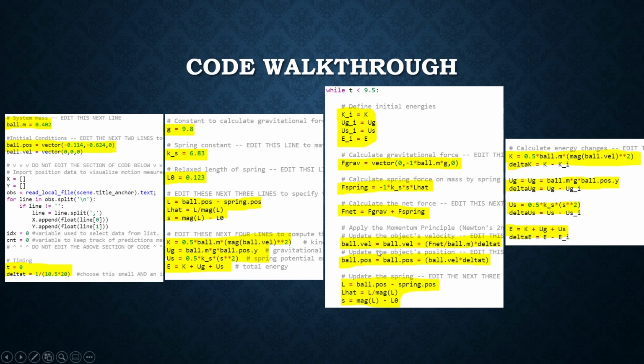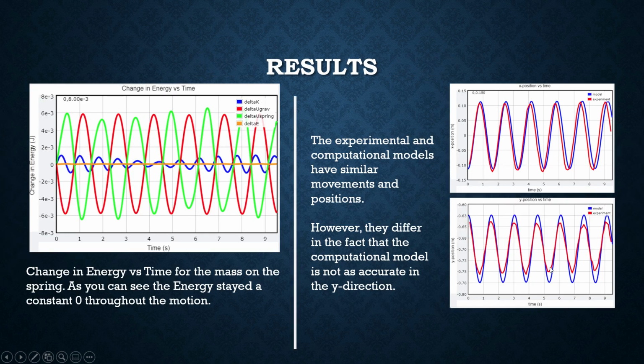We also have the velocity and position update formulas below, and then we update the spring to find the new L vector, and in so doing find the new unit vector and the new S component. And then we also calculate the change in energy for each of the energies: kinetic, gravity, and spring, and the total. We do that by calculating the energies again using their respective formulas and then subtracting the initial energies that we calculated at the beginning of the calculation loop.